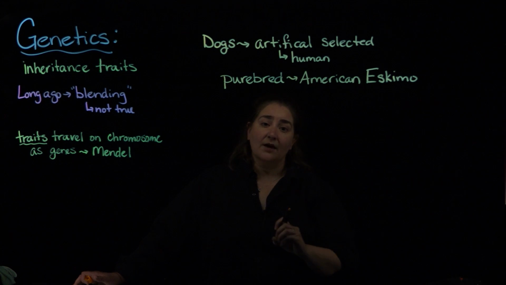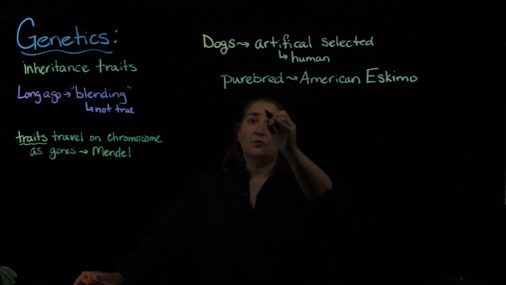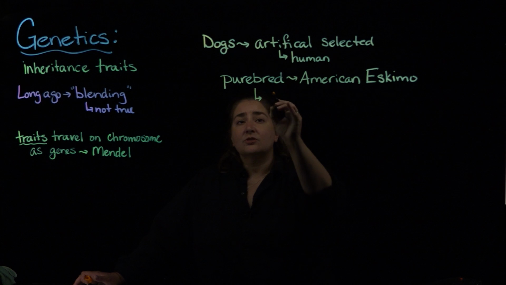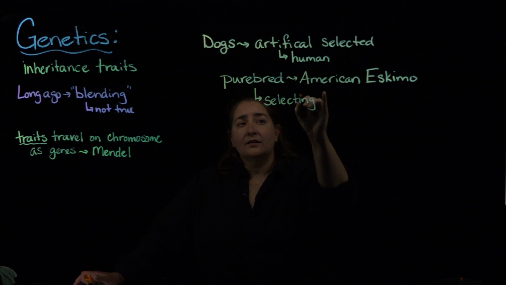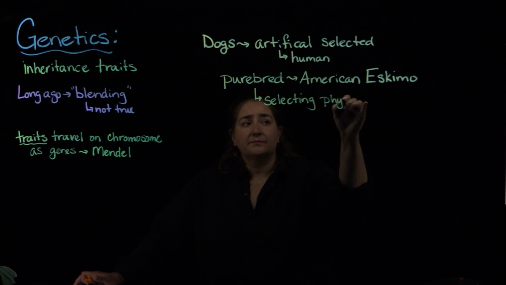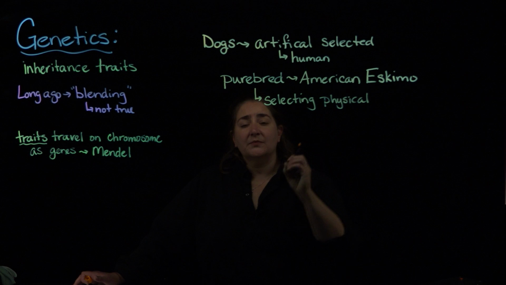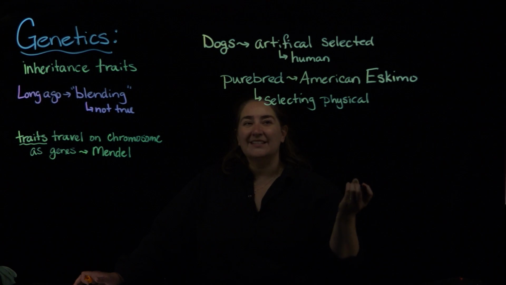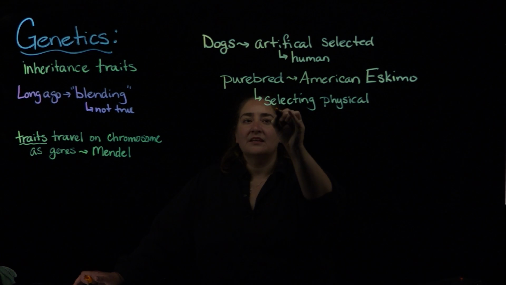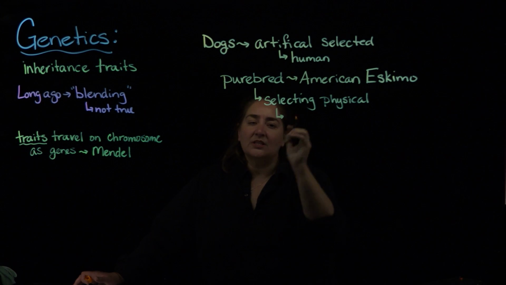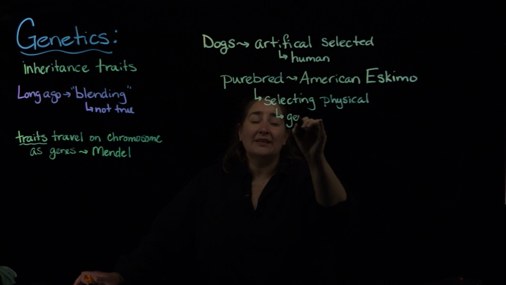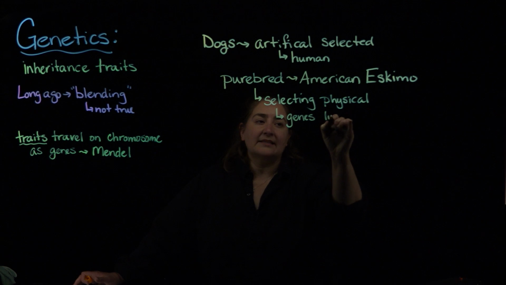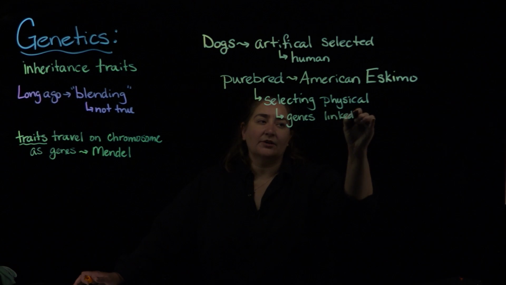What tends to happen when you select for traits in that way, okay? You're selecting for physical characteristics. But what happens, because those characteristics reside on chromosomes, sometimes you get stuff that comes along with it that's detrimental, okay? And so you'll get genes that are what we now refer to as linked, okay?